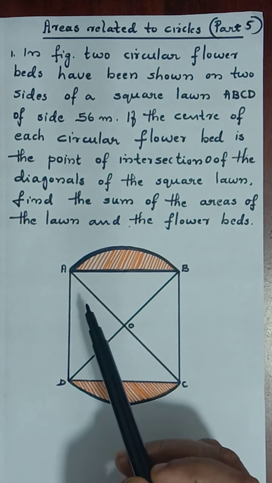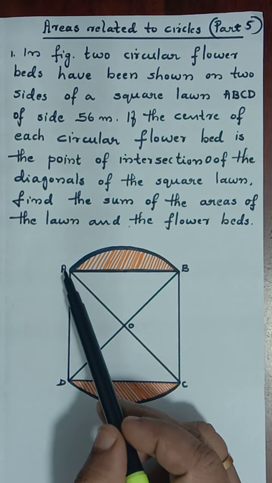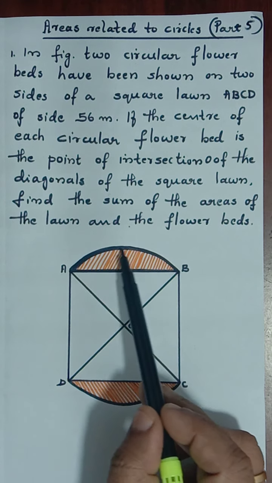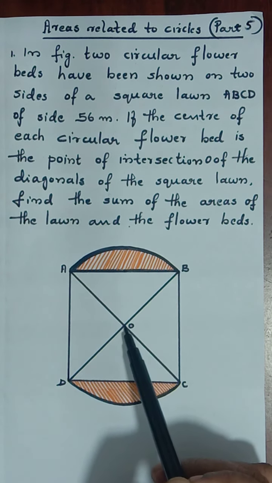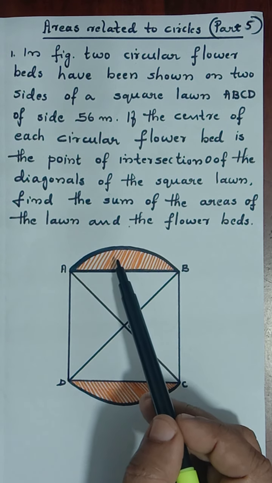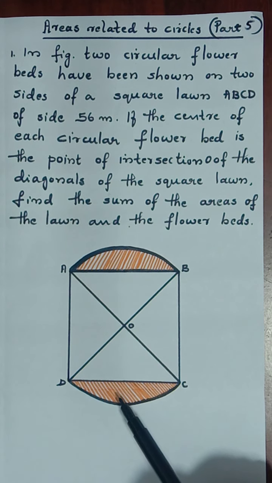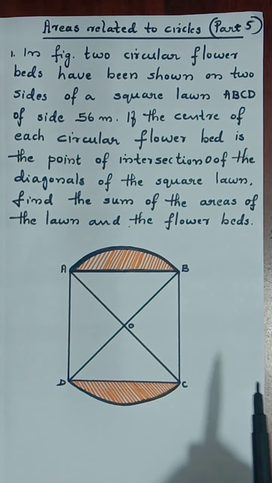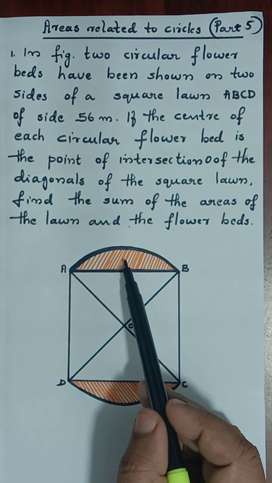It is a part of sector AOB. For this sector AOB, when we subtract triangle AOB, we will get this segment area. Both the segments are equal in size and shape, so their areas are also equal. So first let us find this area.